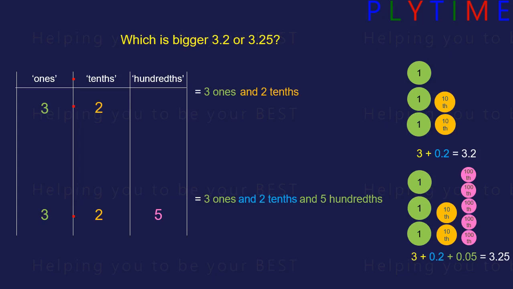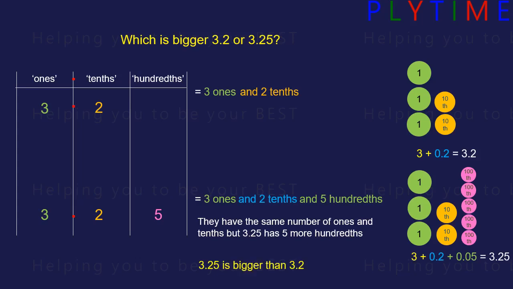They have the same number of ones and the same number of tenths, but 3.25 has 5 more hundredths. So 3.25 is bigger than 3.2.